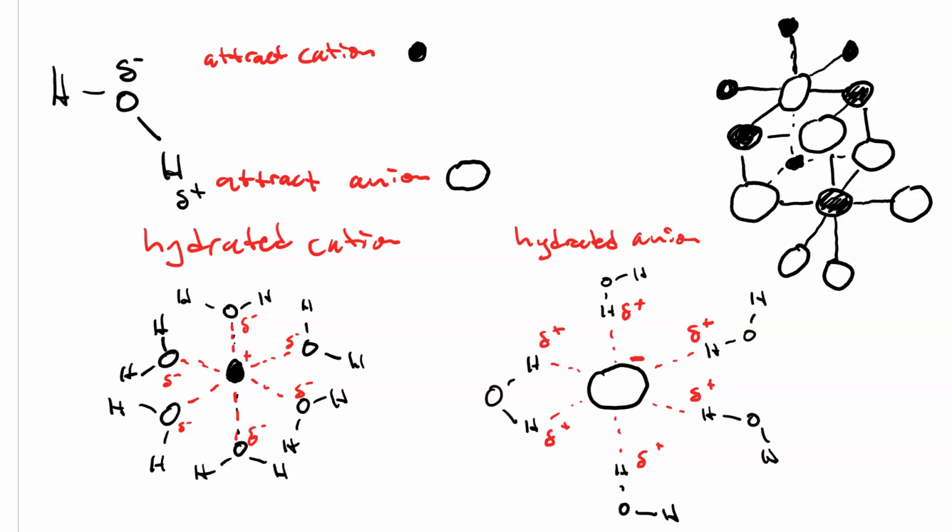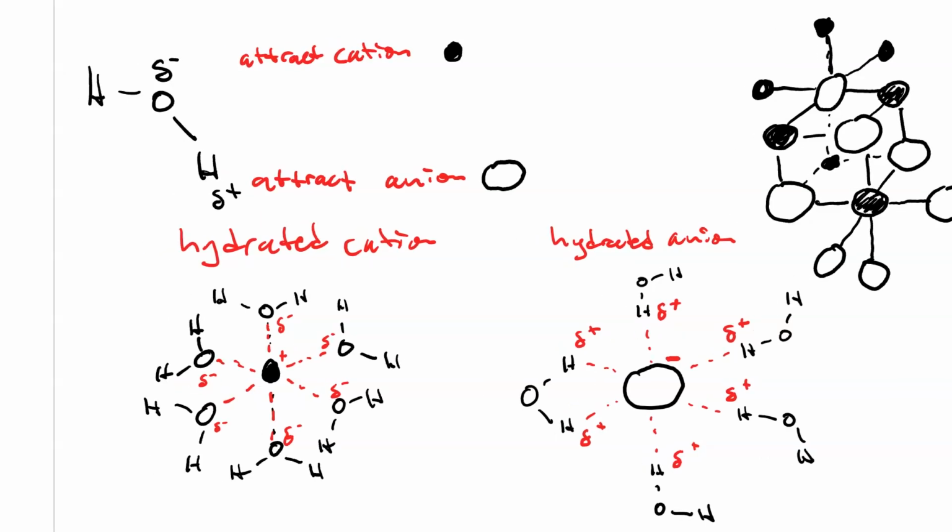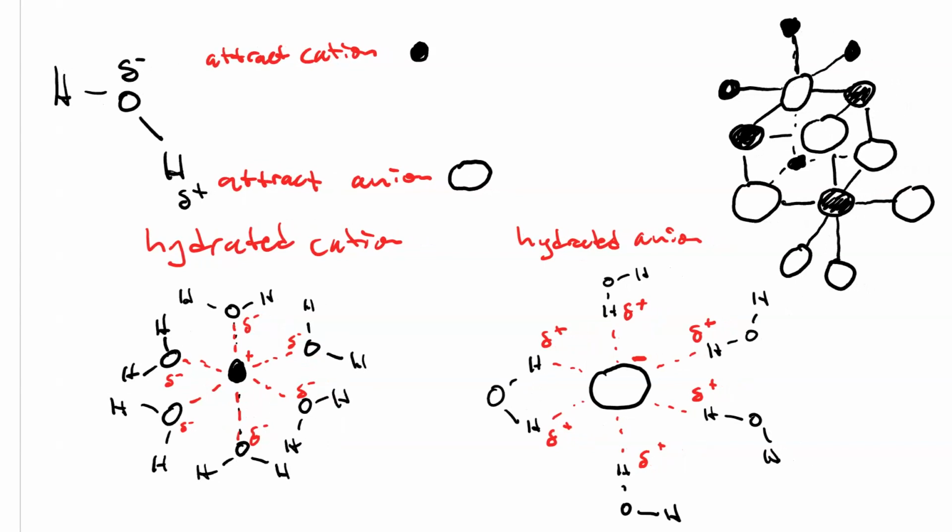And so you can say, in this case, the water molecule is acting as a hydrogen bond donor and the anion is acting as a hydrogen bond acceptor. This is even stronger than normal hydrogen bonds, and we call it ion-dipole interactions. Stronger than hydrogen bonds because there is a full unit of positive or negative charge on the cation or anion, respectively.